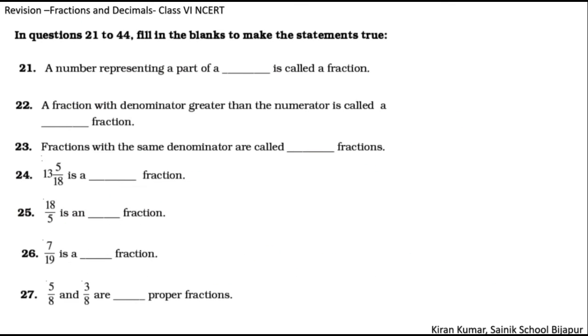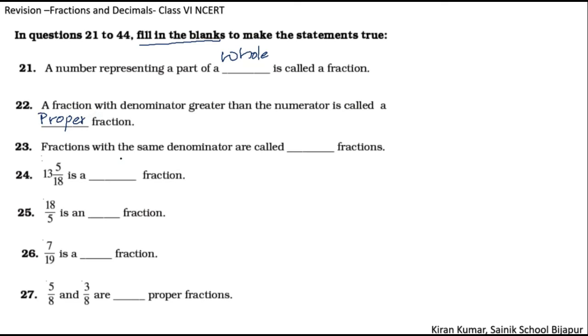Now we have the questions which are fill in the blank type. 21st, a number representing a part of a dash is called fraction. So we know the answer, it is a part of a whole. A fraction with the denominator greater than the numerator is called as proper fraction.